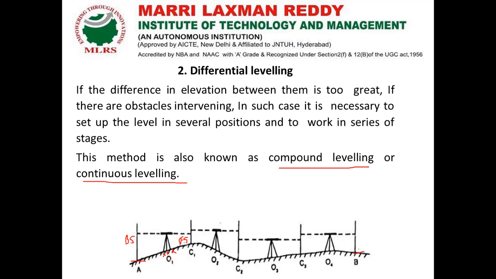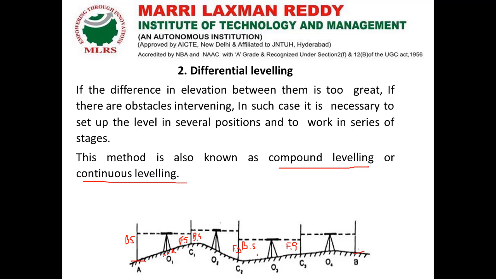For the instrument position O1, this is the backsight reading and this is the foresight reading, and for the instrument position O2, this is the backsight reading and this is the foresight reading, which means this is the first reading and this is the last reading. For O3, this is the backsight reading and this is the foresight reading.